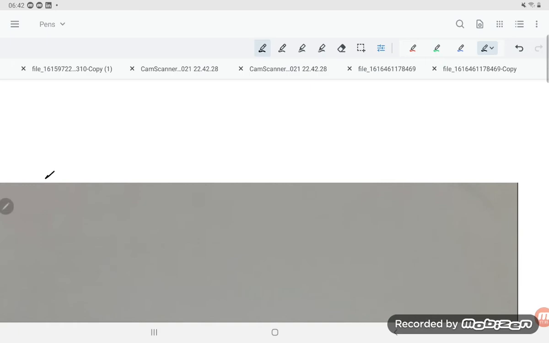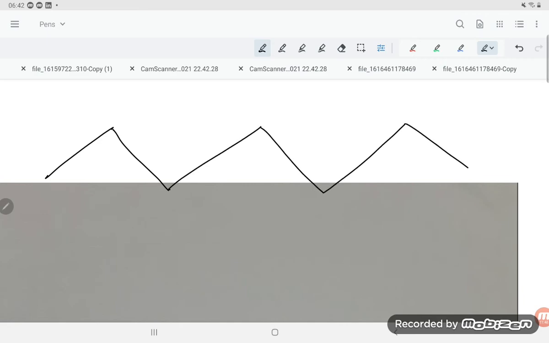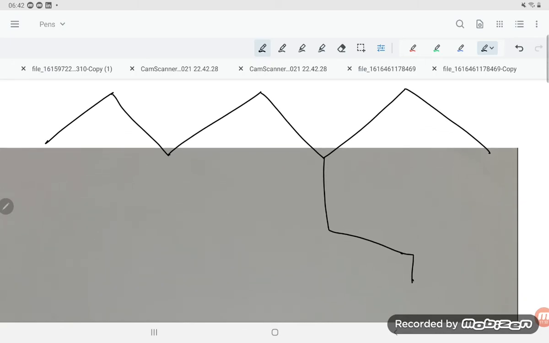Let us have an example. This is one compound, students, and again this compound is there, and here is the double bond. There is no oxygen, only the double bond. So dear students, how can you write the name? From where can we start the numbering? When we start the numbering, we have to consider the double bond in the chain.